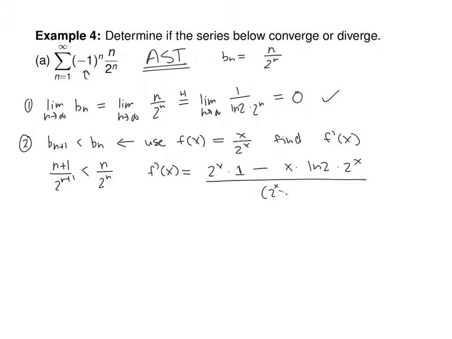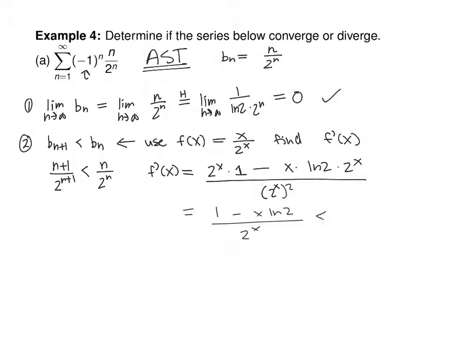Notice that now the 2 to the x's will cancel. We have 1 minus x ln 2 over 2 to the x. This will be less than 0, as in negative, if 1 minus x ln 2 is less than 0, which means 1 is less than x ln 2, or 1 over ln 2 is less than x.